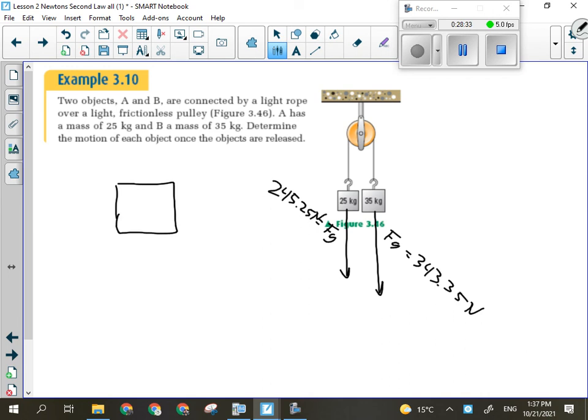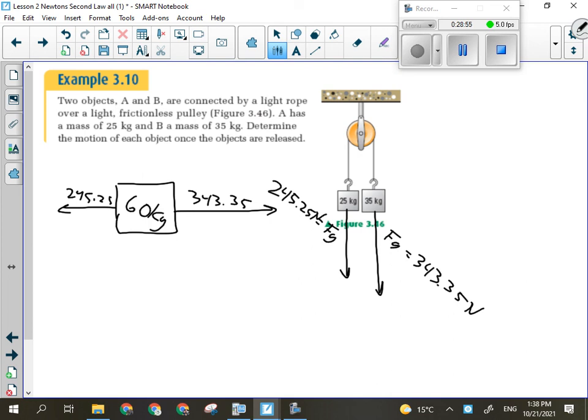Okay, 25 and 35. I got 60 kilograms worth of mass being pulled this way by 343.35 and resisted by 245.25. I mean, that's what's really going on here, right?